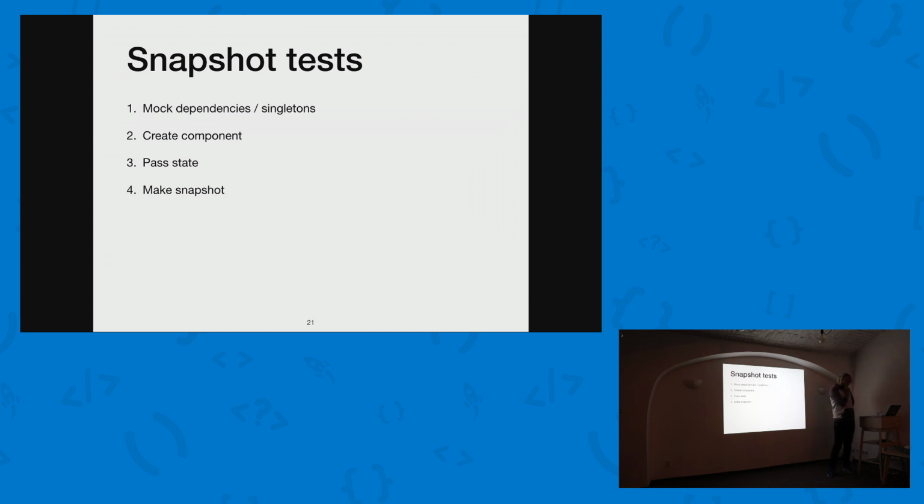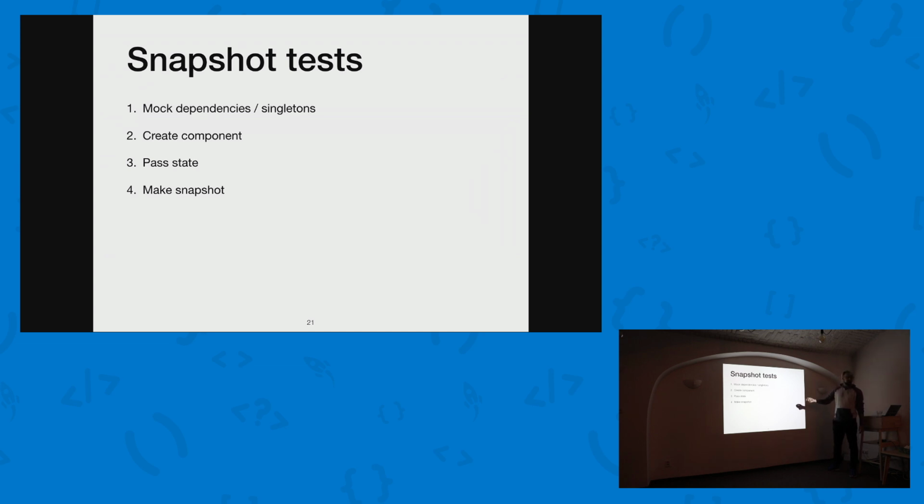And second, code style, I can say, we put in most of our components, which are view related, which have some state, some enum or struct state because it's awesome. And our snapshot test looks like we mock everything, create component, pass state, make snapshot. And for most cases, it looks the same. You just copy paste most of the stuff.